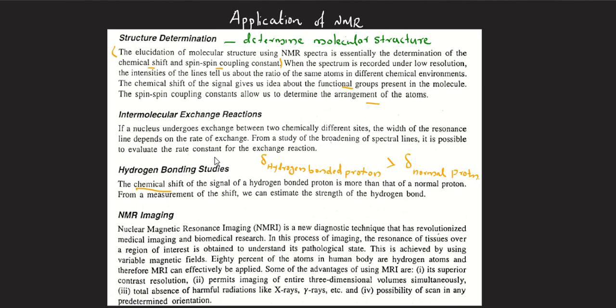If we determine the chemical shift, then for hydrogen bonded proton the chemical shift will be higher compared to normal proton. Therefore the measurement of the chemical shift will give the idea about the hydrogen bonding present.